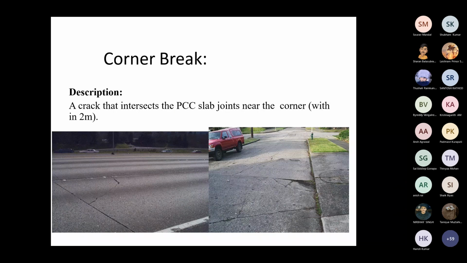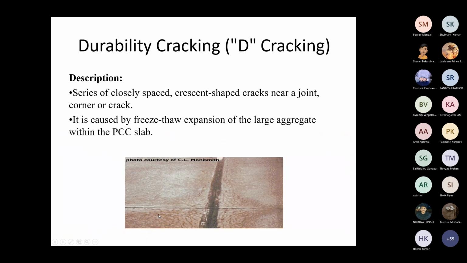Corner breaks: a crack that intersects the PCC, plain cement concrete, slab joints near the corner. Okay, near the corner, you can see the corner breaks. Durability cracking means a series of closely spaced crescent-shaped cracks near a joint, corner or crack.